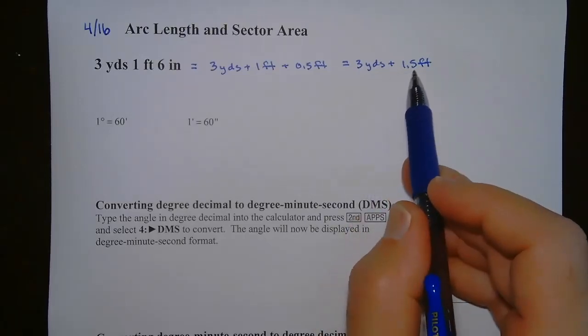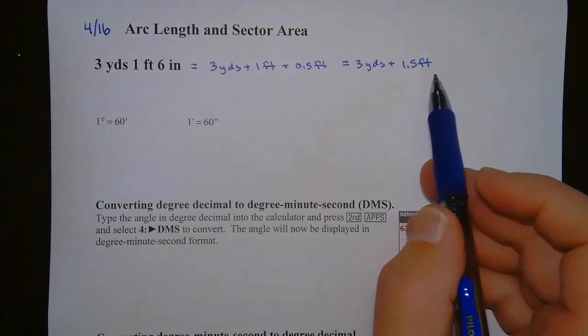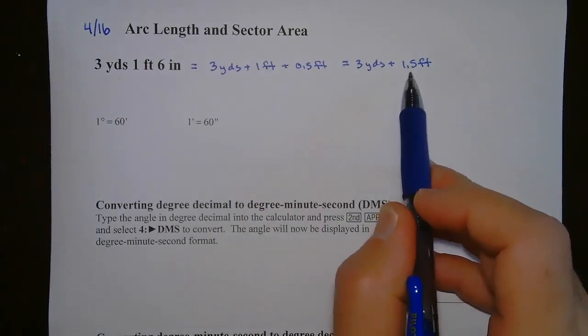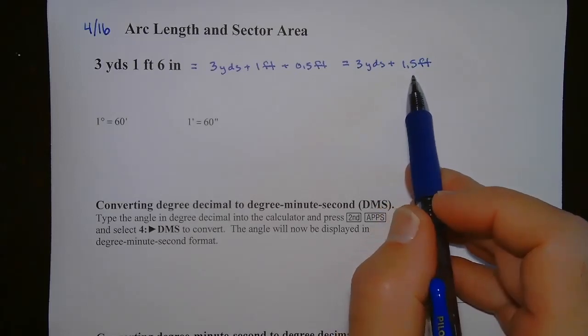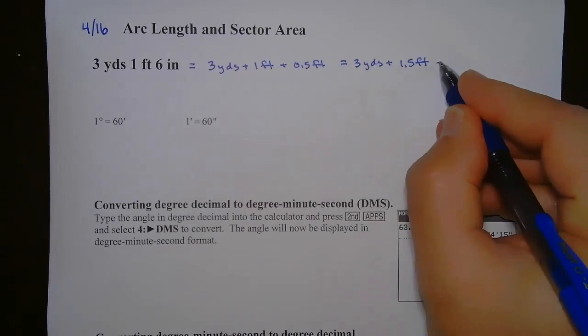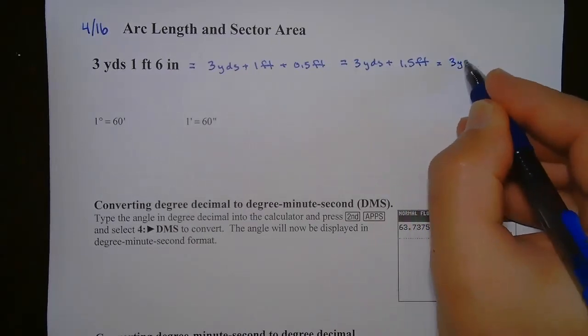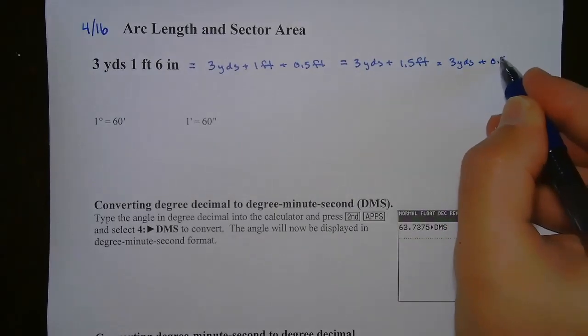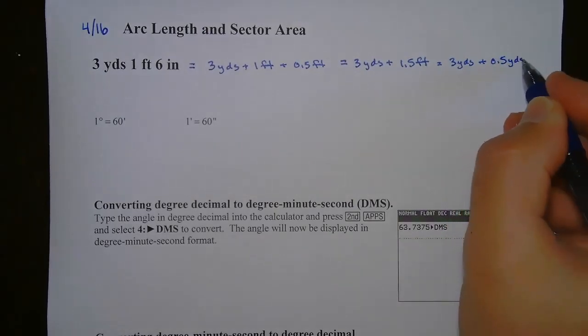Well, what do we know about 1.5 feet? A yard is 3 feet, so 1.5 feet would be half of that. So we have half of a yard right here. So this becomes 3 yards plus 0.5 yards.